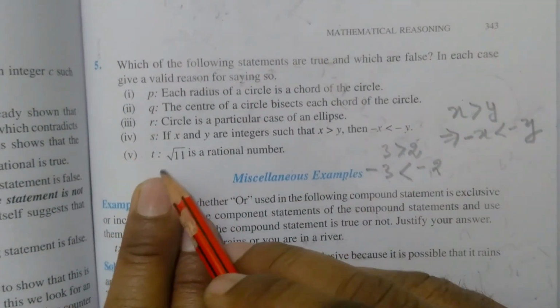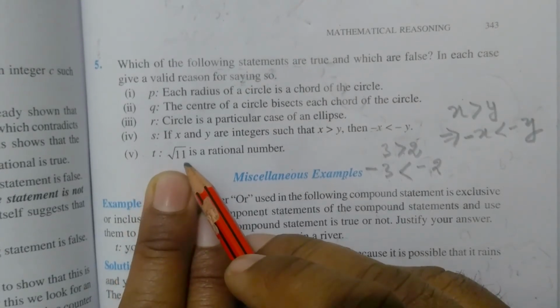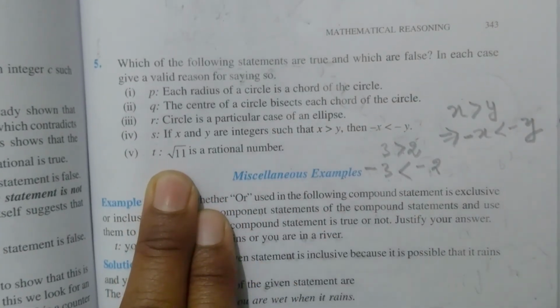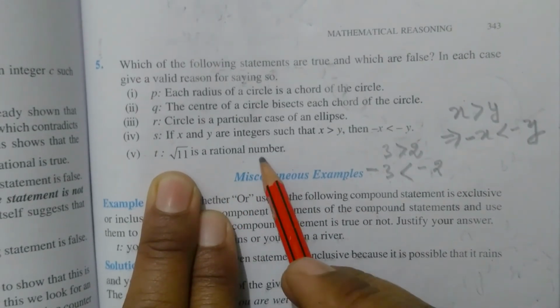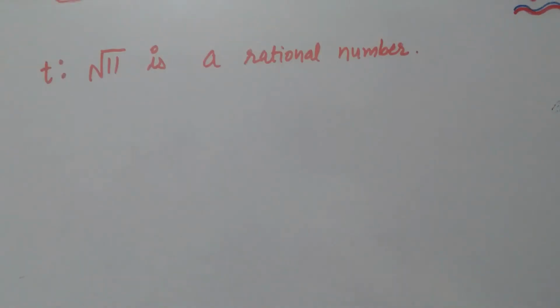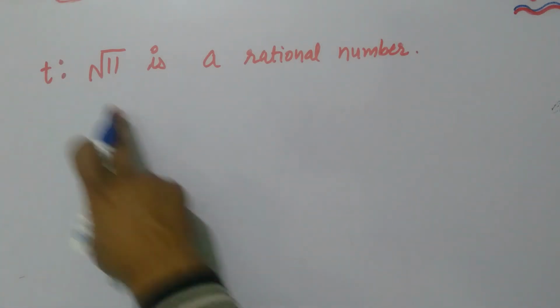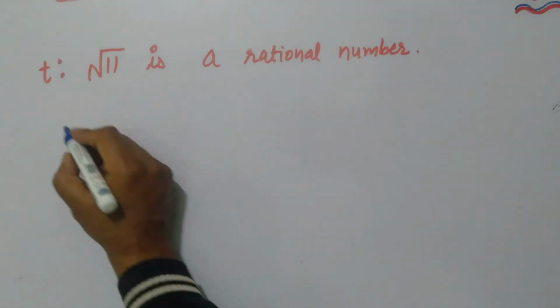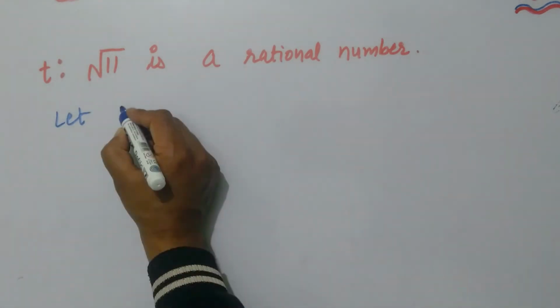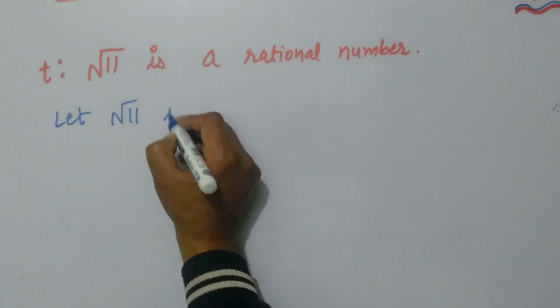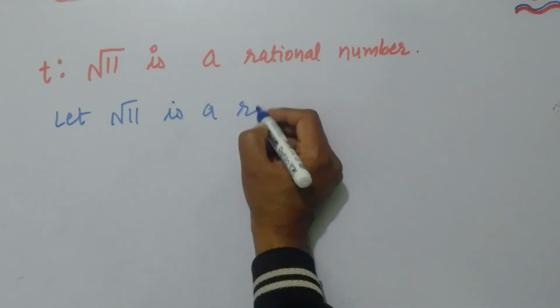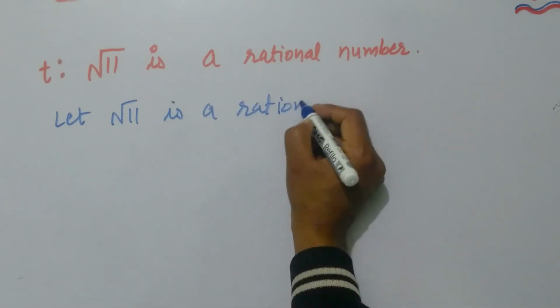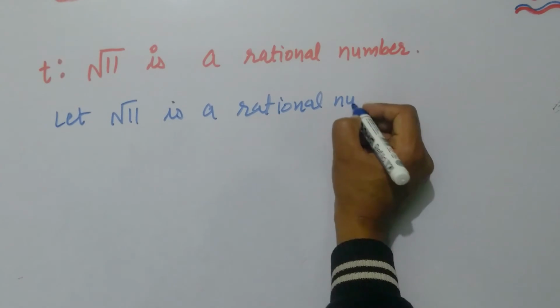Now last one, T is the statement: square root of 11 is a rational number. We shall prove this with the method of contradiction. Let T be the statement square root of 11 is a rational number.